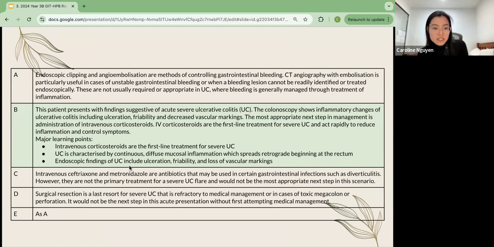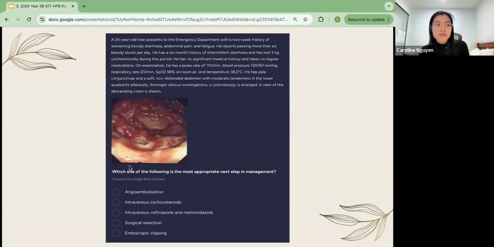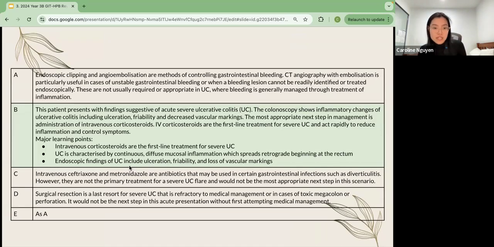The reason why C is not an answer is because ceftriaxone and metronidazole are used for things like diverticulitis, but we need steroids for IBD. Really good guess though.